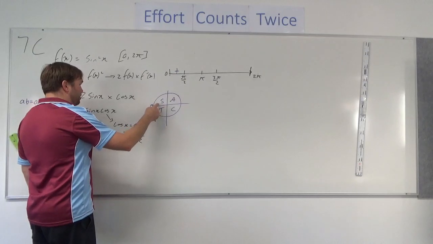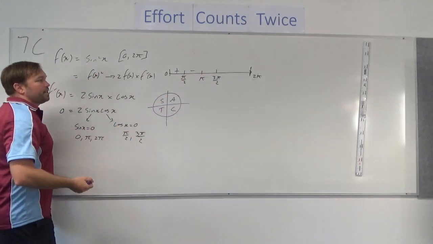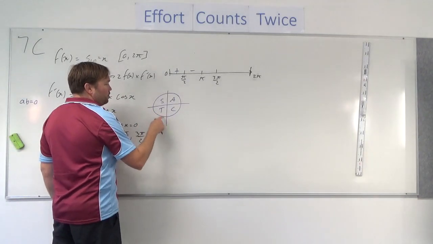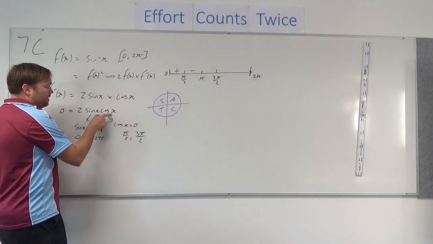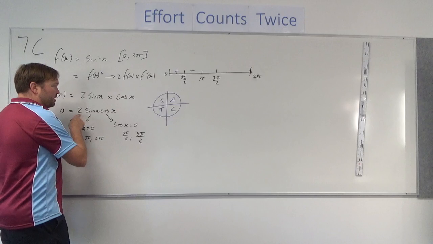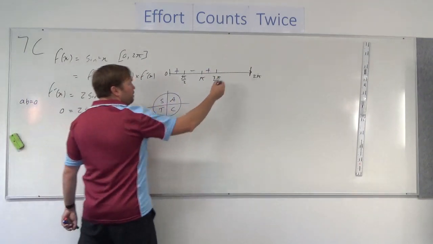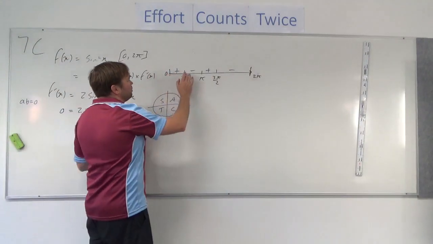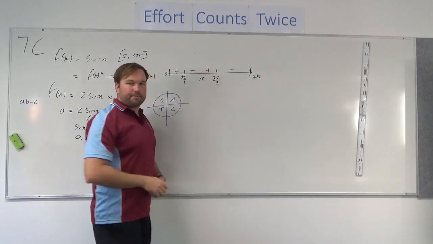Here, only sine is positive, so negative. Then between pi and 3 pi on 2, only tan is positive, which means that cos and sine are negative. Negative, negative, and positive make it positive. Then over here, only cos is positive, so it's going to be negative. And that will give you your position of each turning point: max, min, max.